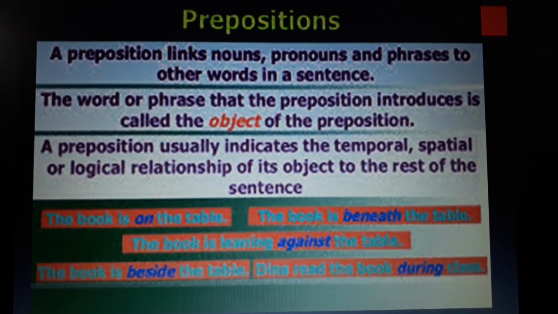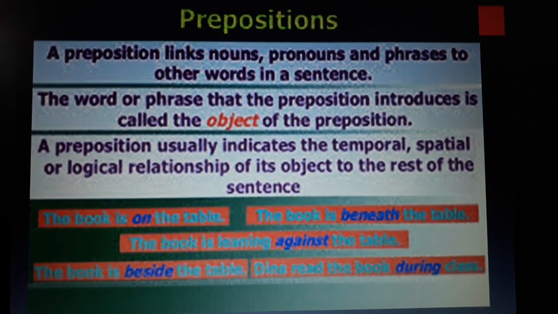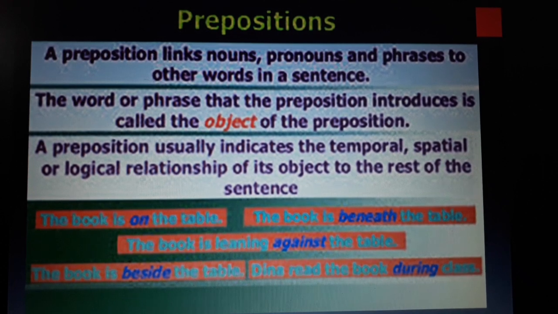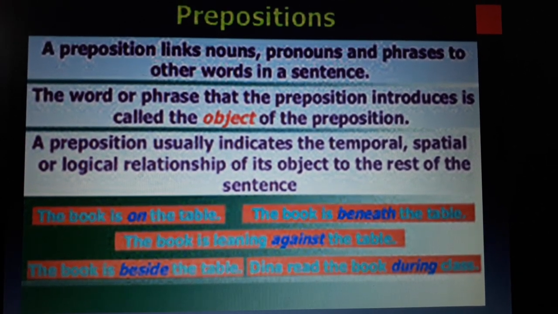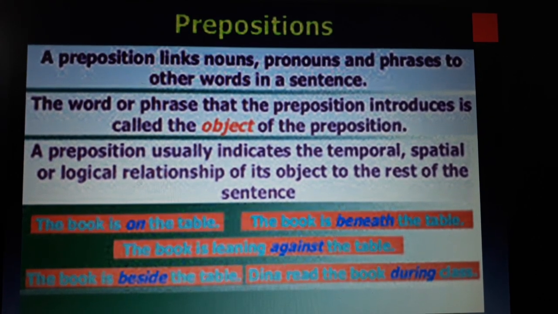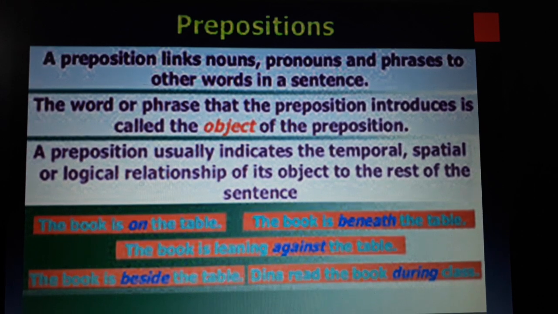A preposition usually indicates the temporal, spatial or logical relationship of its object to the rest of the sentence. Temporal related to time, spatial related to place, or logical relationship.